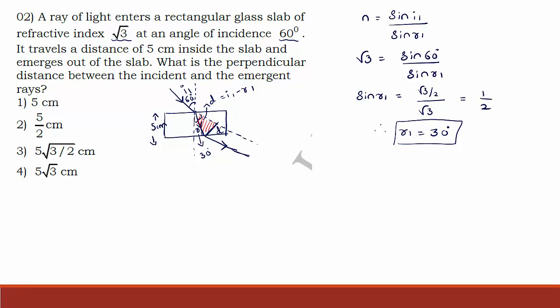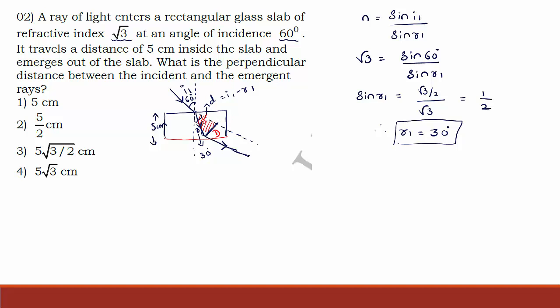We want the D value. Let us take the angle of deviation as small d and this as capital D. This is the bottom surface. Here I want the value of D, so easily we can use sin theta.